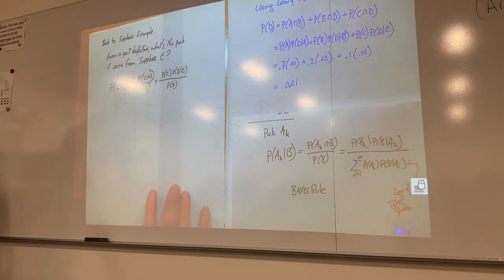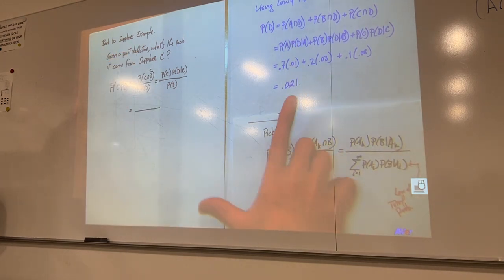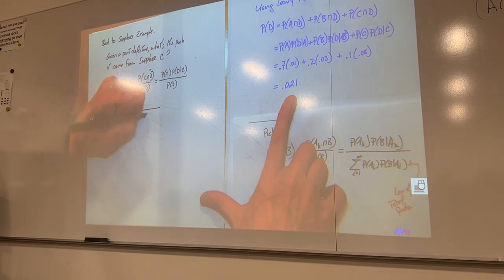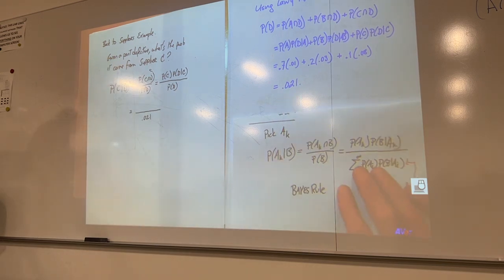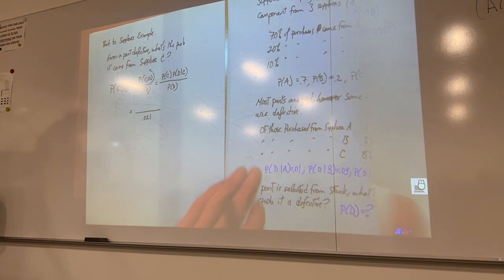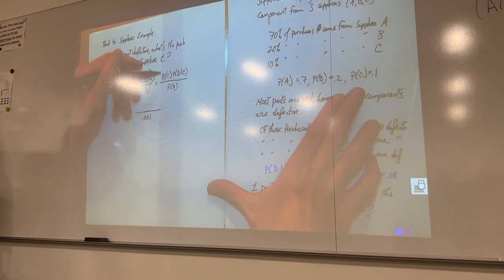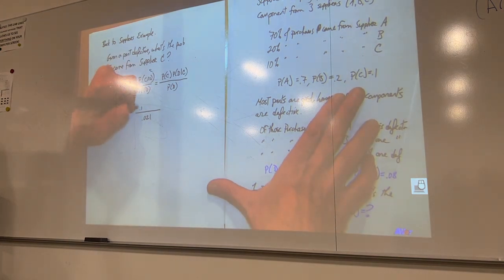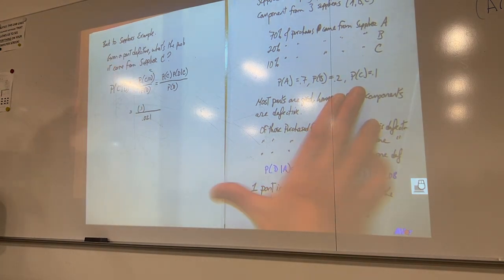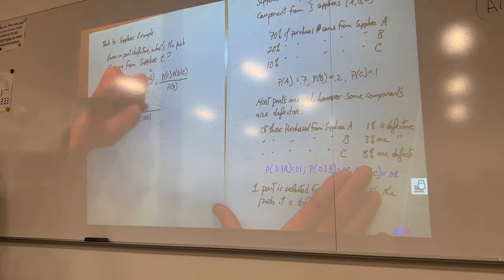And then if we go back to our original problem, let's write what we know here. Probability of a defective part from before the break was 0.021, right? We also had in here that the probability of C was 0.1, 10% of the stock was purchased from C. Of the stock we purchased from C, 8% was defective.